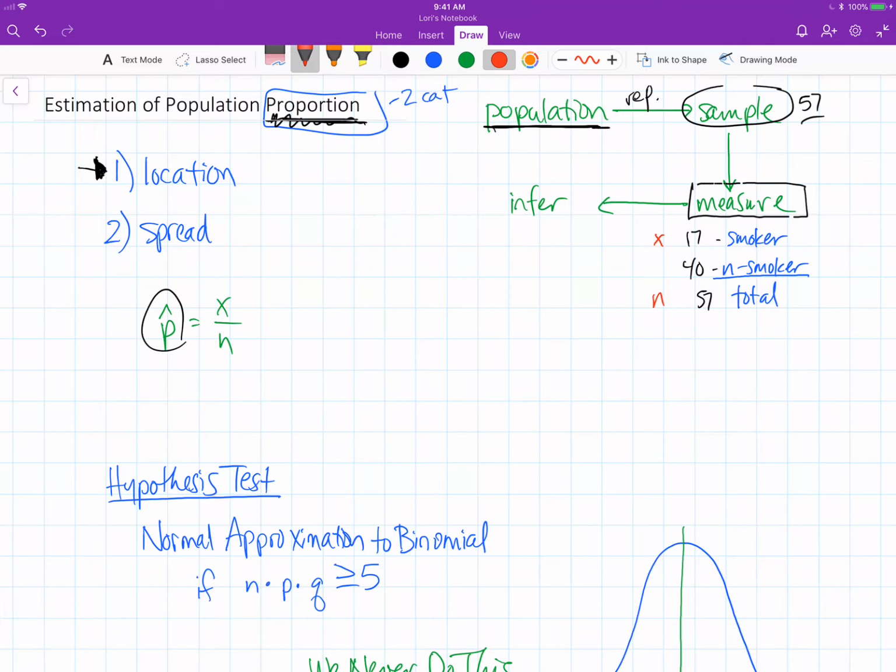By default, this group of non-smokers is n minus x. So the two need to add up to the total amount.